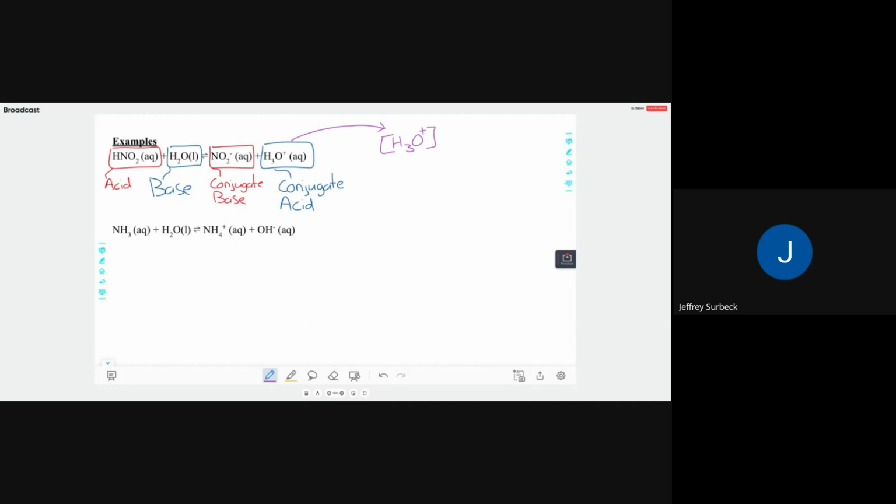In this chapter, we like to shorthand write it, and so you're going to see H3O plus simply written as just H plus, okay? Either H3O plus or H plus, first off, mean the same thing, and they are referred to as our hydronium ion, okay? And that's going to become really important as we get into pH, all right?